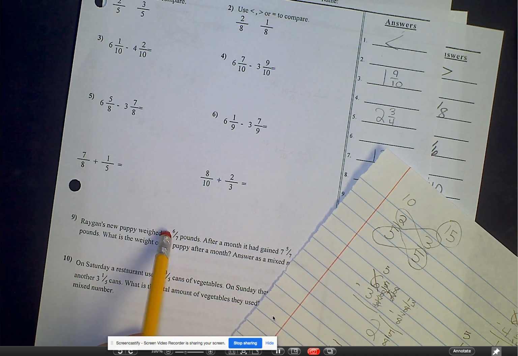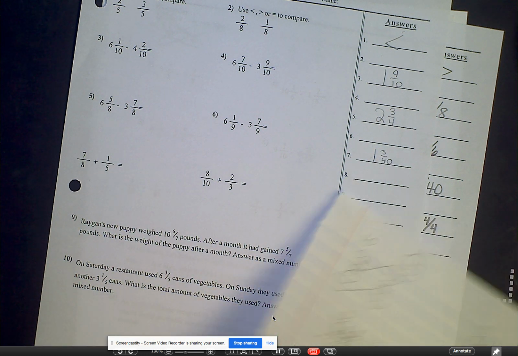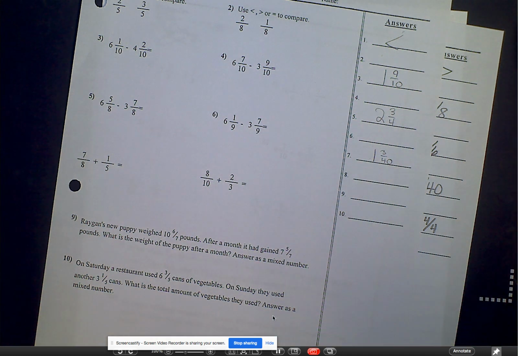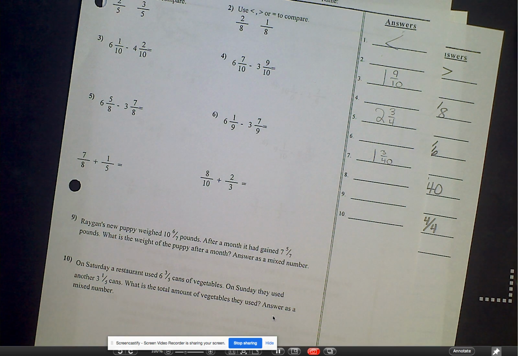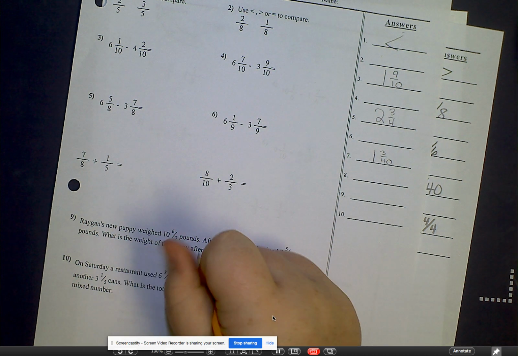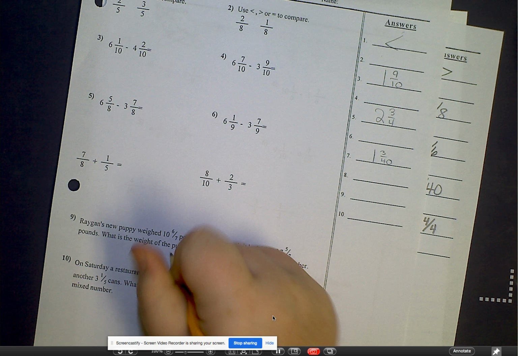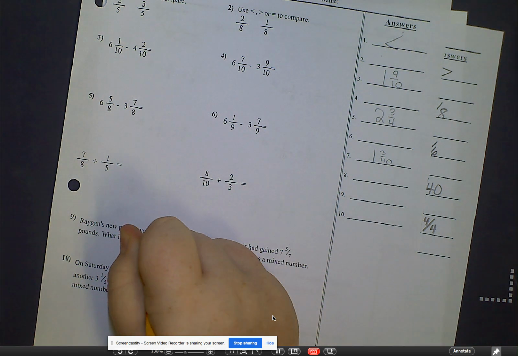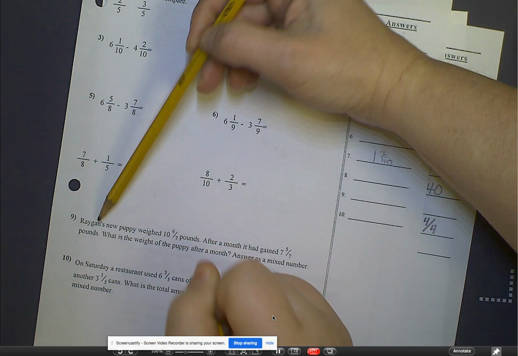Okay. Why didn't you subtract? Because it doesn't say what was. What tells you that you're going to add it and not subtract it? Can you circle the word that tells you how you knew to add it? Let's read it.